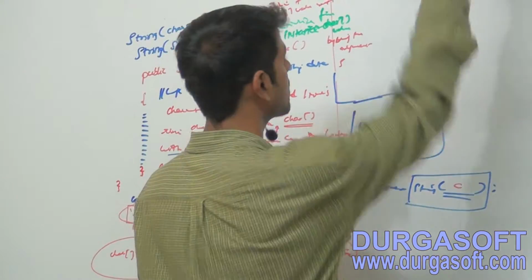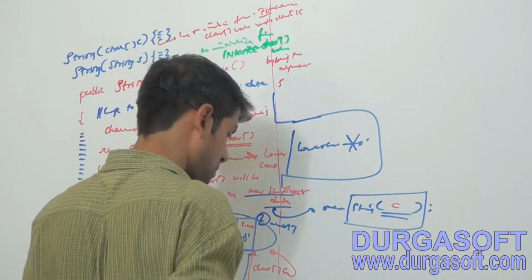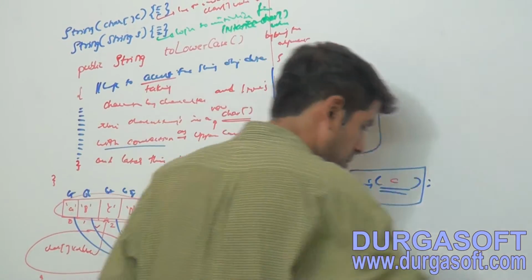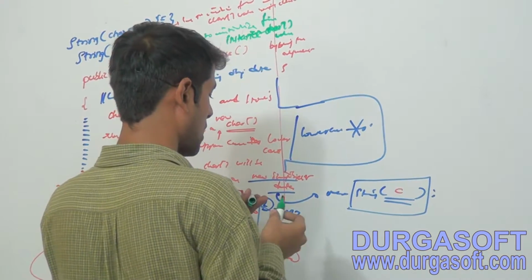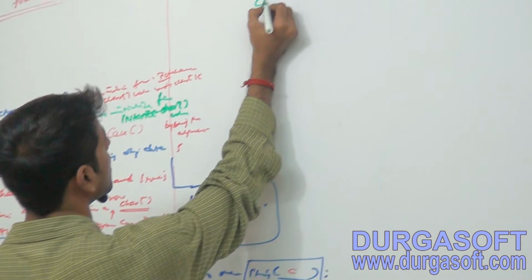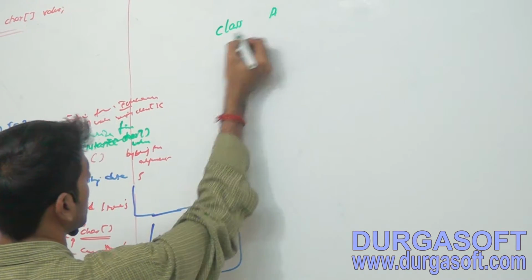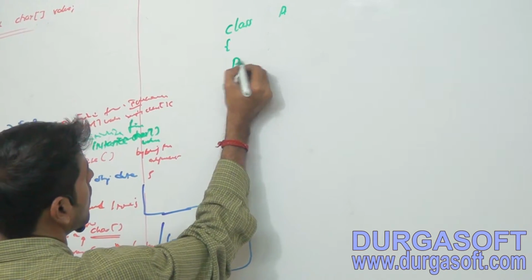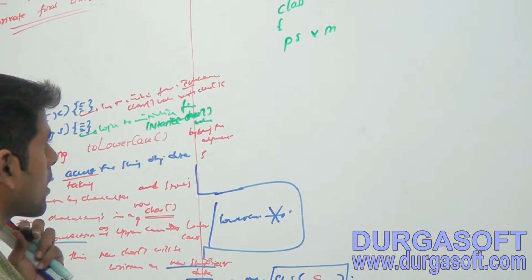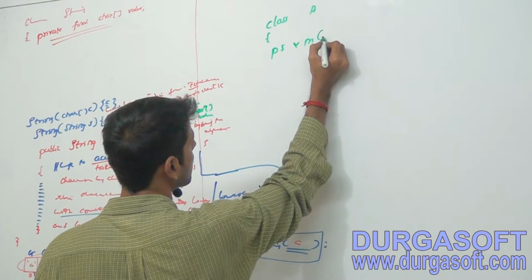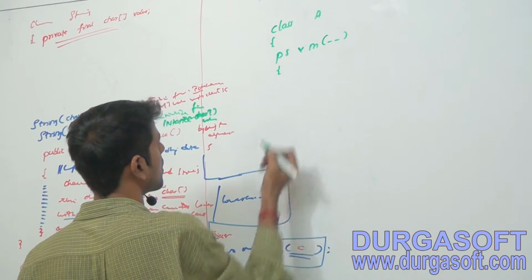Okay, now observe here. Let me take a class called A. Okay, let it be class A. Now take one main method.